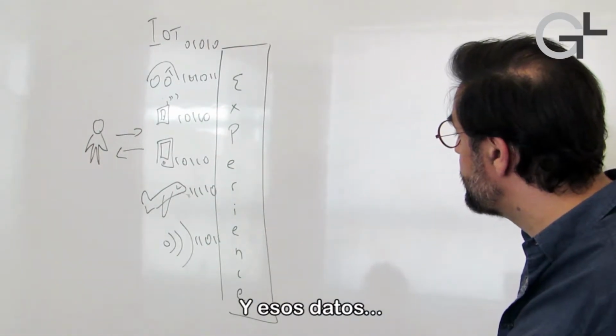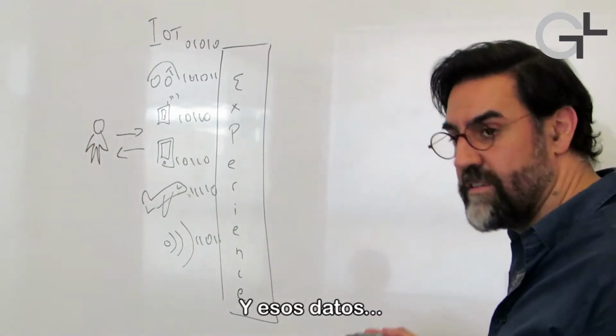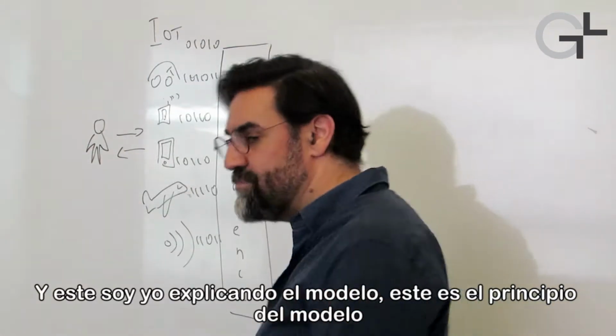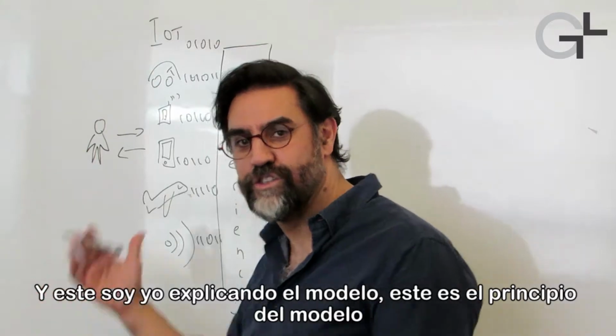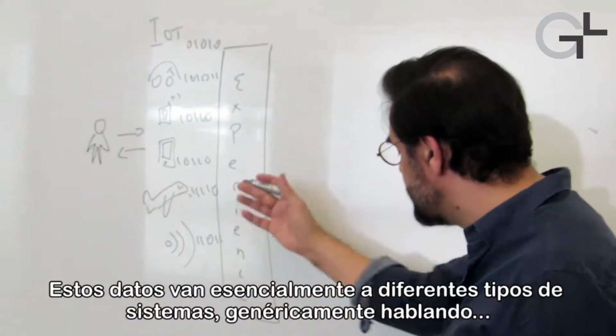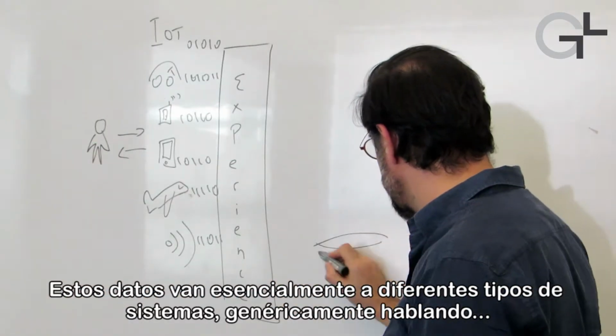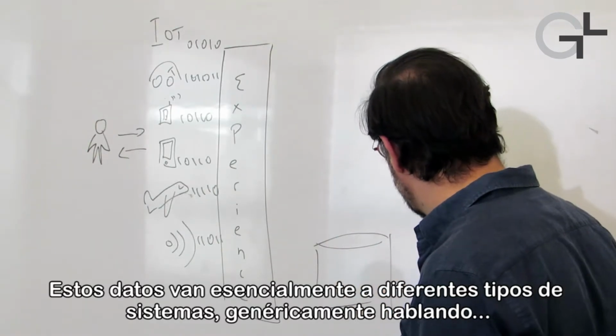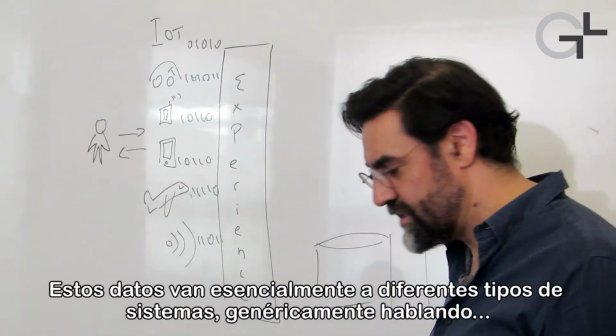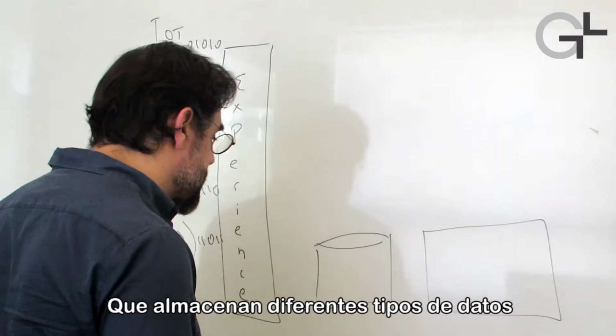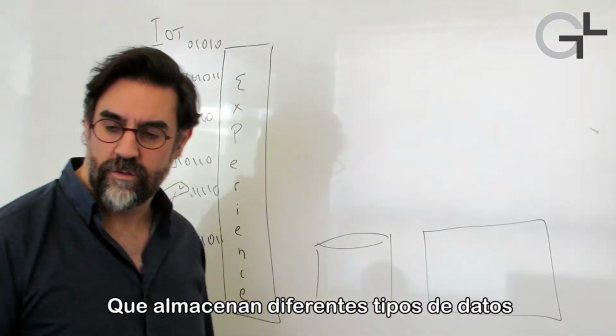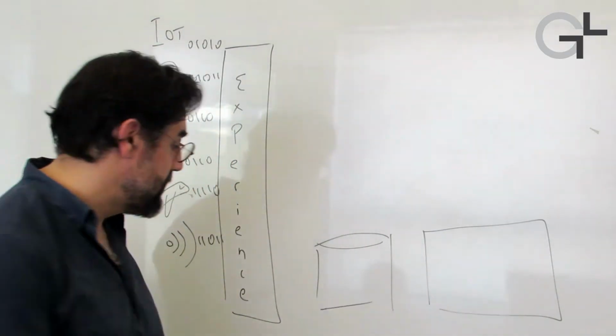And that data, and this is me explaining the model, so this is the start of the model, goes essentially into a couple of types of systems, generically speaking, that store different types of data.